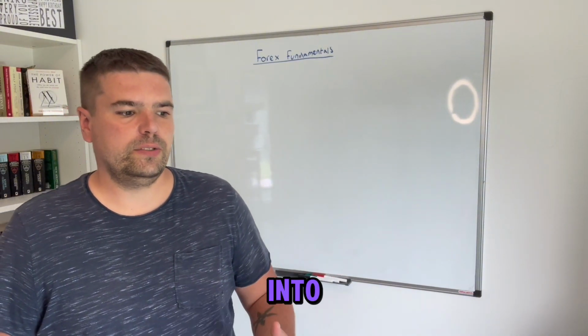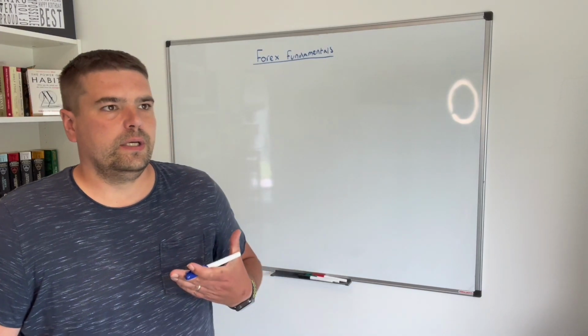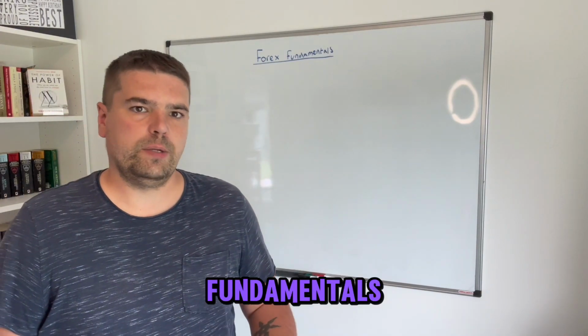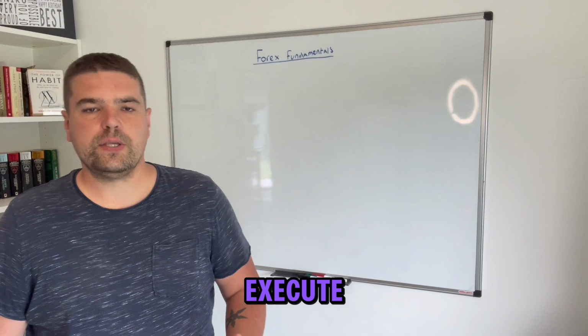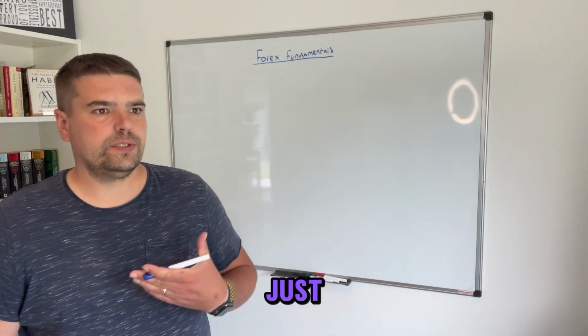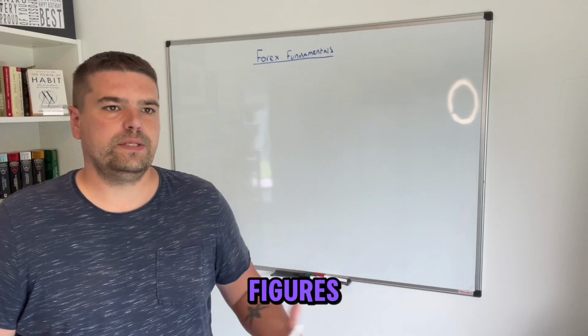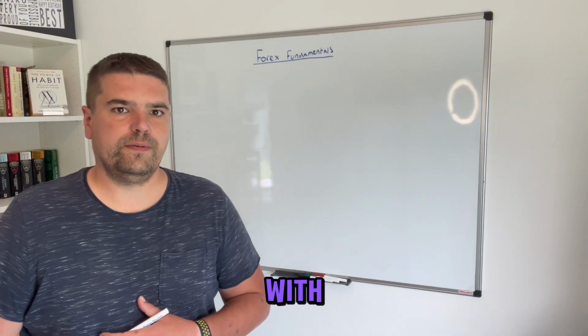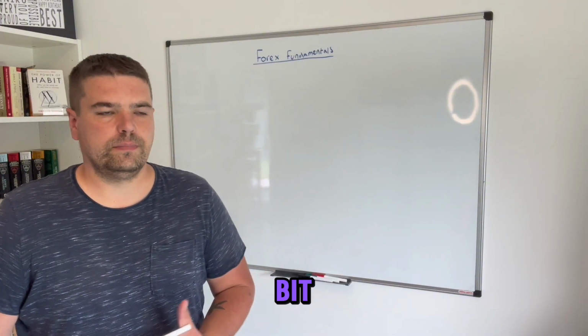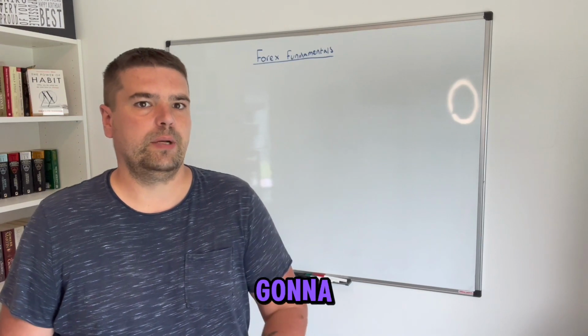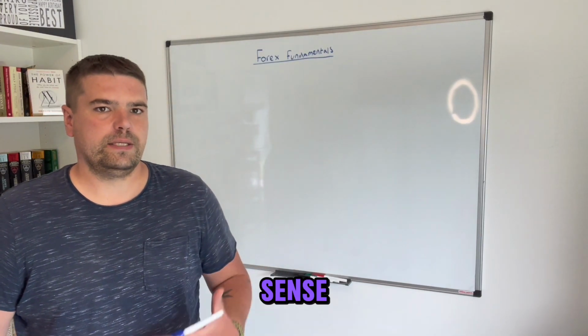But first, just a few fundamentals of what happens when we execute a trade. To those unfamiliar with Forex, some of the numbers I am going to put out might sound a little bit scary, but it is going to make sense.